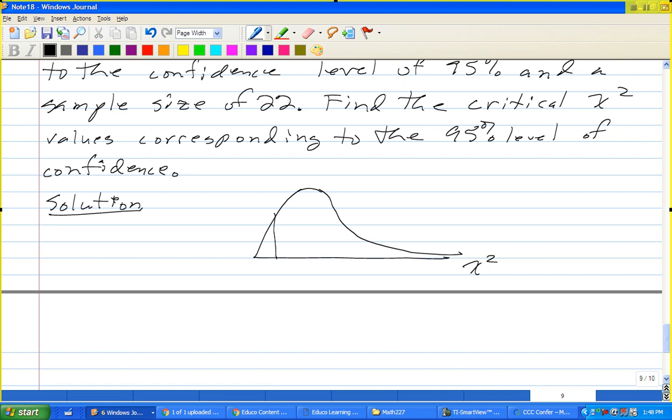And in the middle is 95%. And so on the outside I have a total of 5%, so each tail is 0.025.